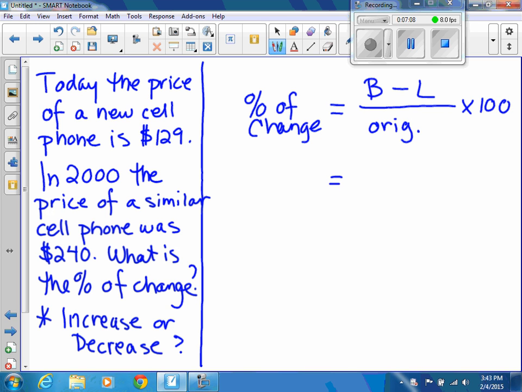All right, so what is my big number? My big number, 240, minus my little number, 129, all over the original number. Which is the original number? Is it 129 or is it 240? Should be 129. And then we're going to multiply this by 100.